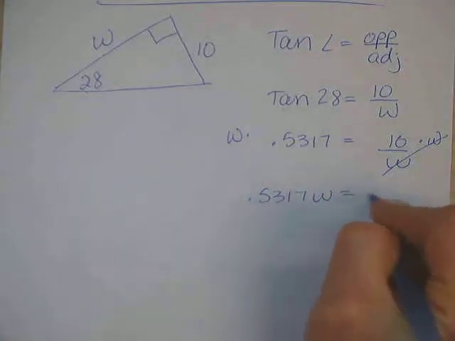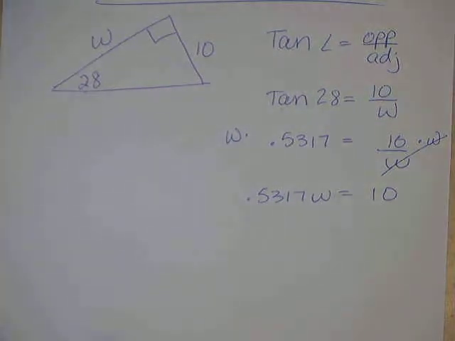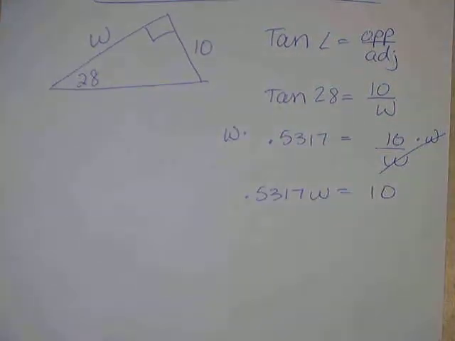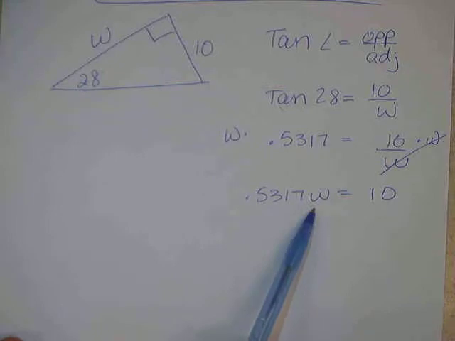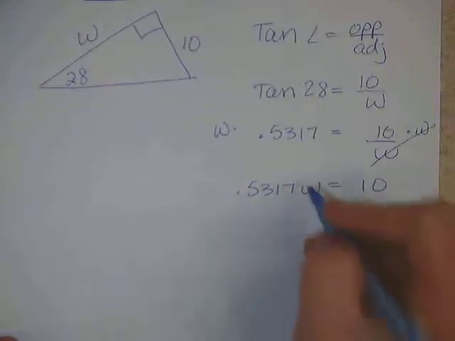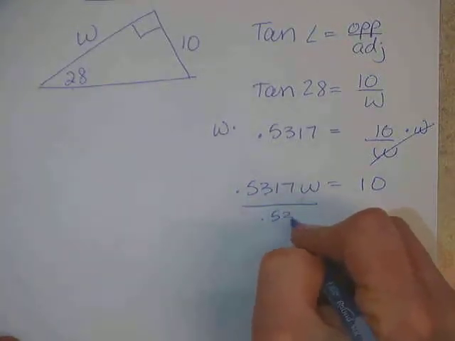So now I have 0.5317W equals 10. I just reversed them. So now to get W by itself, what do I do? Divide out 0.5317.